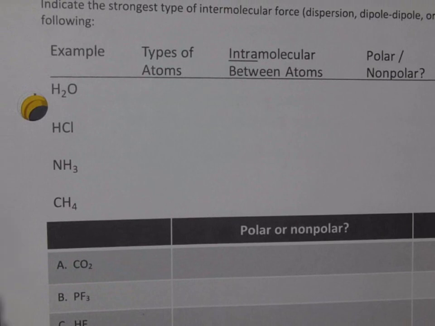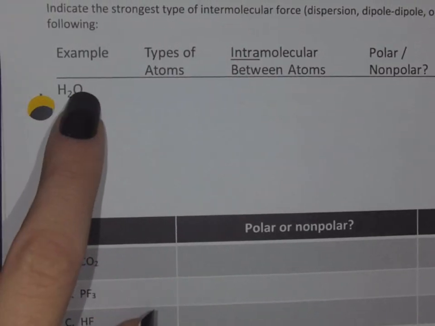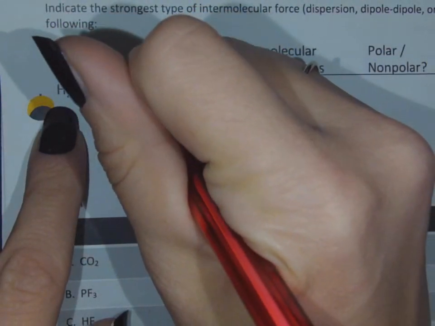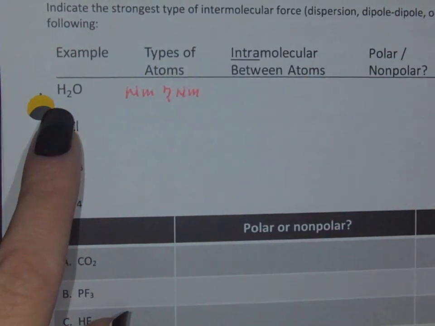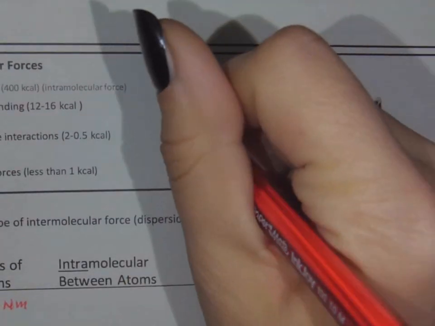All right, when it's a water molecule, the types of atoms, so I see oxygen, which is a nonmetal, and hydrogen, which is a nonmetal. So if there's a water molecule, I'm going to draw it here.